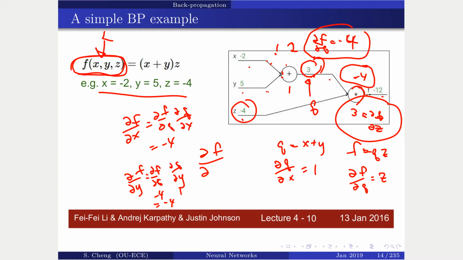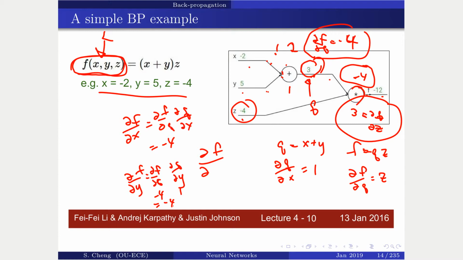So you see, it's really very simple, honestly, right? Once you write down the computational graph, during the forward pass you compute the value of the output, but at the same time compute the partial derivative of the output with respect to all the inputs.